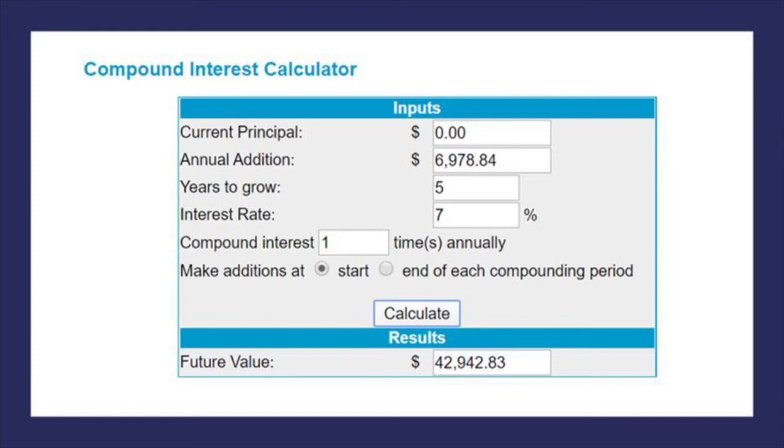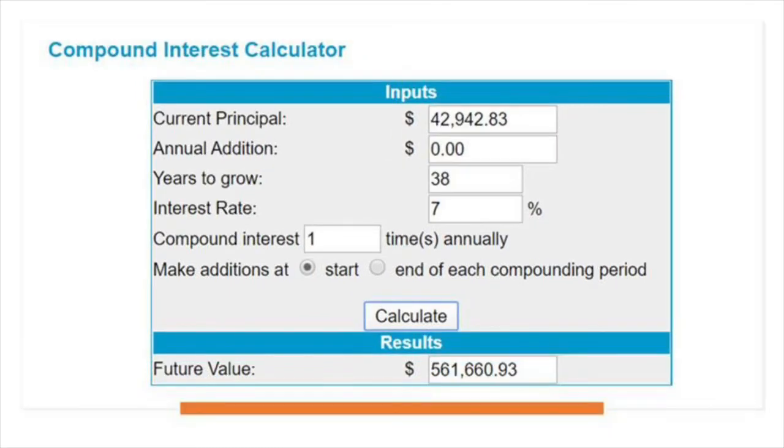So now, let's say for a minute that instead of paying back this money, they were actually able to invest the monthly $581.57 payment at an interest rate of 7% return for the first 5 years. Well, they would have a grand total of $42,942.83 at age 27.